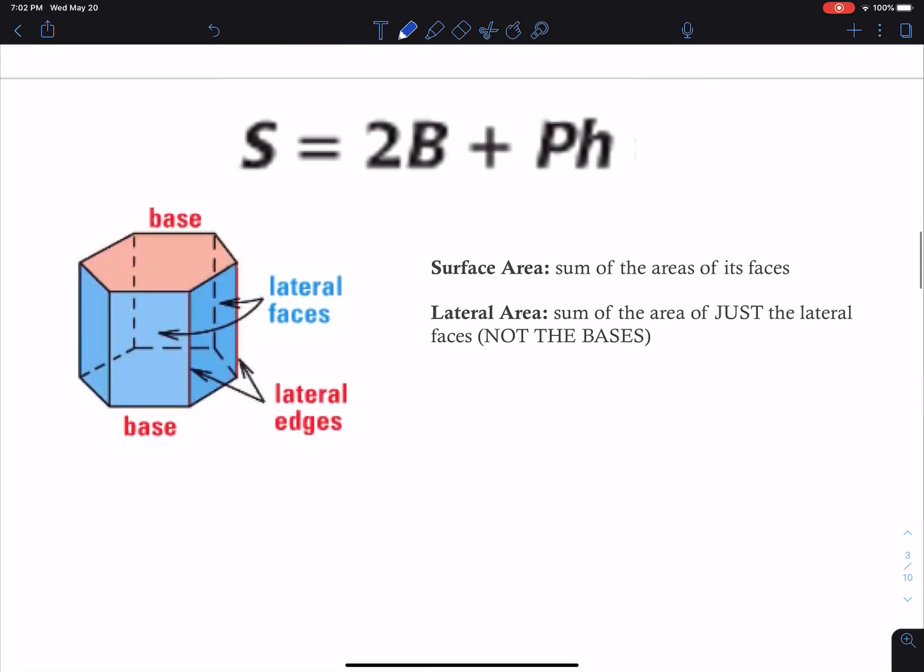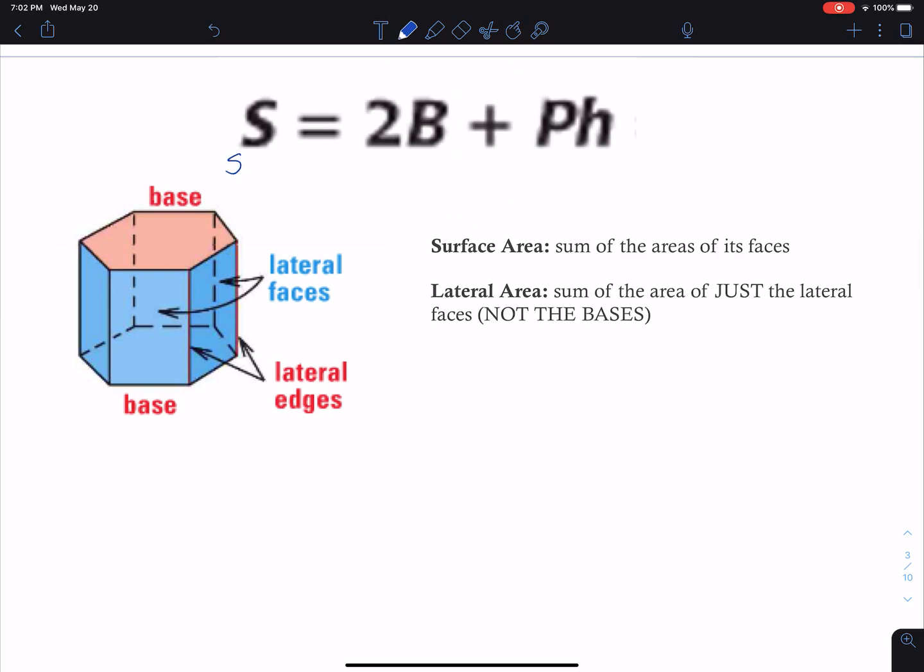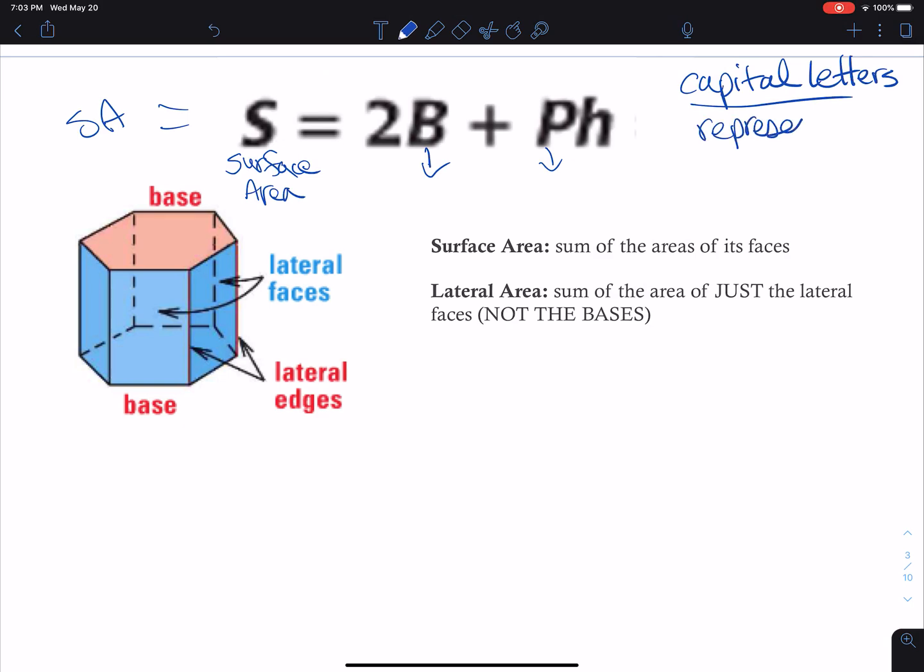So let's talk about how to find surface area. Capital S stands for surface area. Some books like to call it SA. They represent the same thing, surface area. Now I want you to notice a capital B and a capital P and a lowercase h. Capital letters, this is important, and maybe the first time you've seen this, capital letters mean they represent a generic formula.